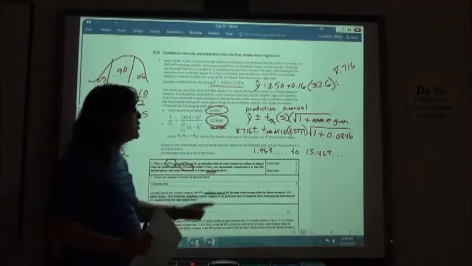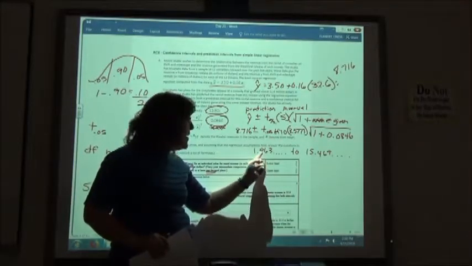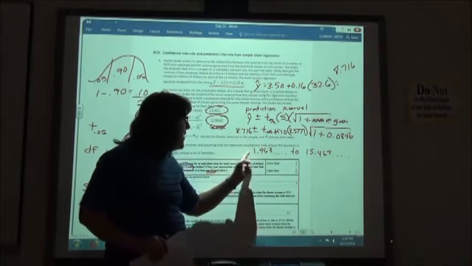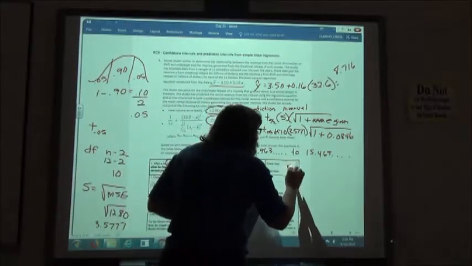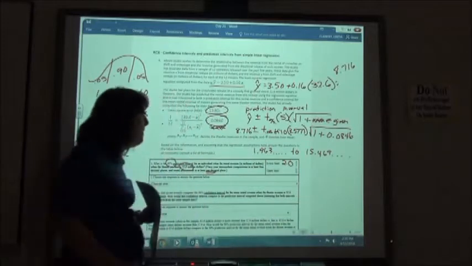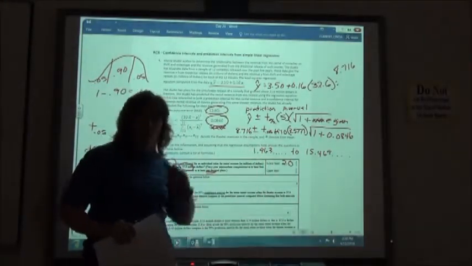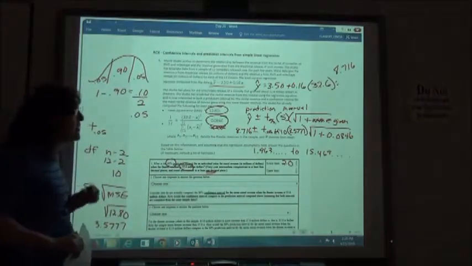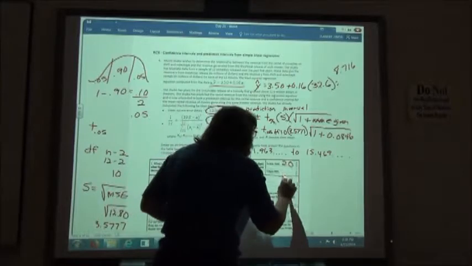I have a 6 behind my 9, which means I have to round that up to a 10. So 1.96 is going to round off to 2.0, so I had to carry. And the other one's easier to round: 15.46, I'm going to round off to 15.5.